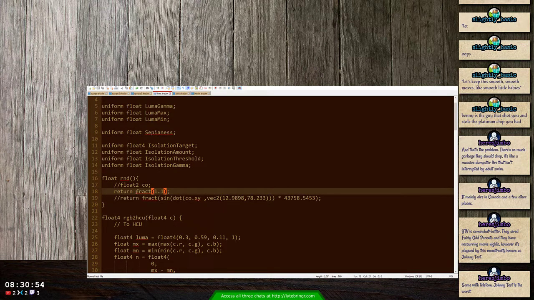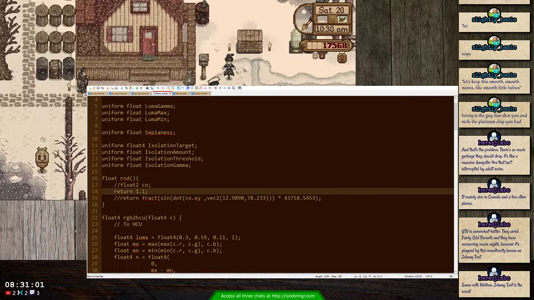I've seen thumbnails for that. Okay, so yeah, fract is the problem. So we need to figure out what fract does and how to replace it. Returns the fractional part of x. Same as x minus floor of x.